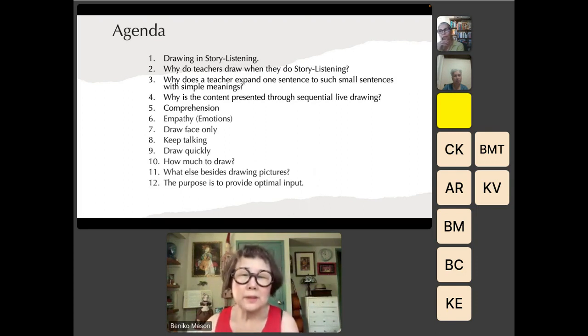Why is the content presented through sequential live drawing? In comprehension, empathy, draw face only, keep talking, draw quickly, how much to draw, what else besides drawing pictures on the board, and lastly, the purpose is to provide optimal input. So let's go to number one.